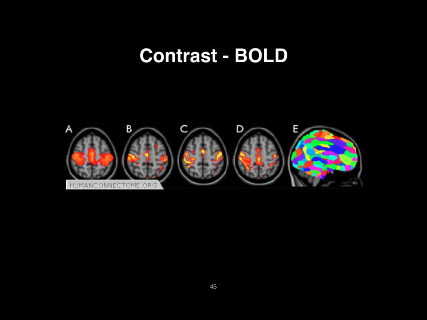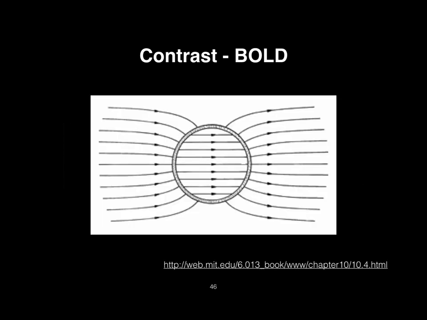Okay, so if you have a blood vessel in a section of gray matter that's active for your experiment, let's start off with it at rest. So in this example here, this is a cross section of a capillary, and this is gray matter tissue around it.